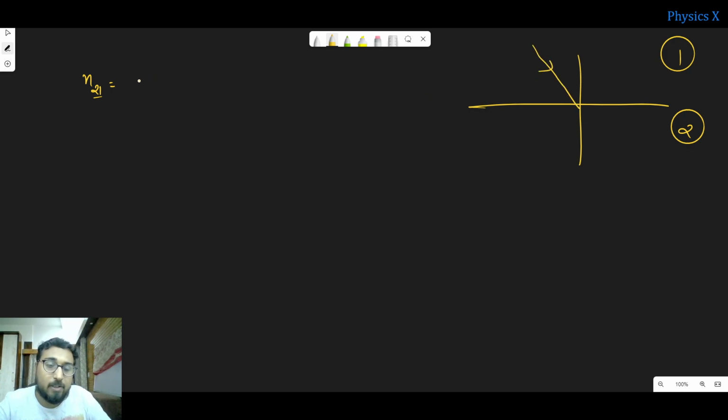And this is nothing but, I told you, it is nothing but C1 upon C2. This is how refractive index is asked. And if I ask n2, you just remove the 1 sign, it is now C by C2. Now 1 is what?